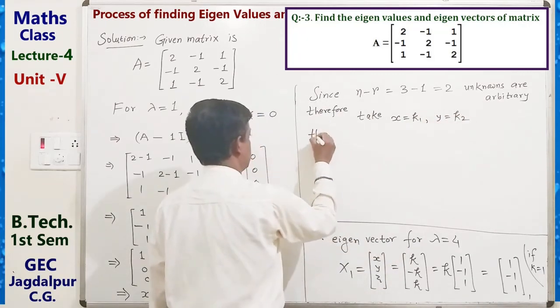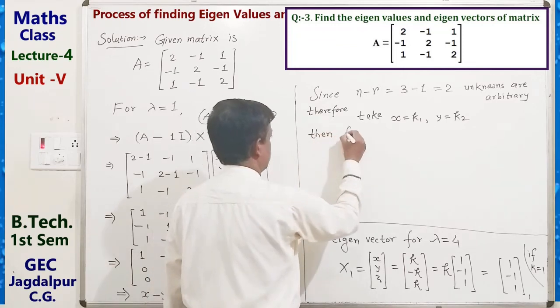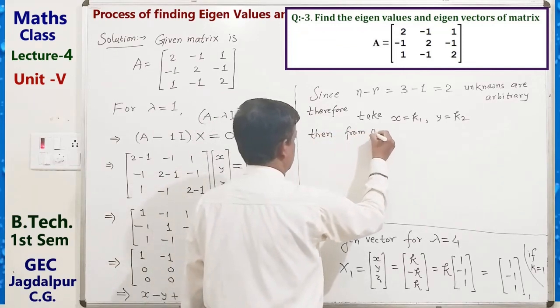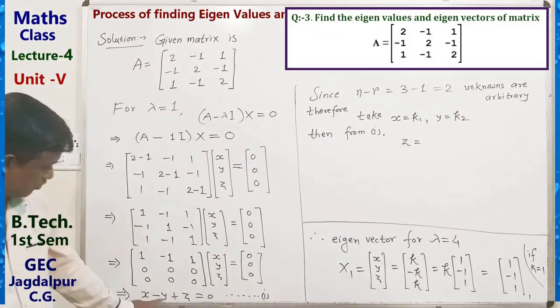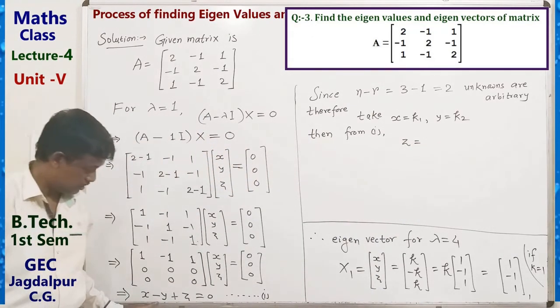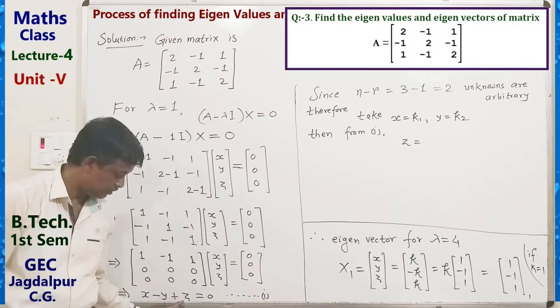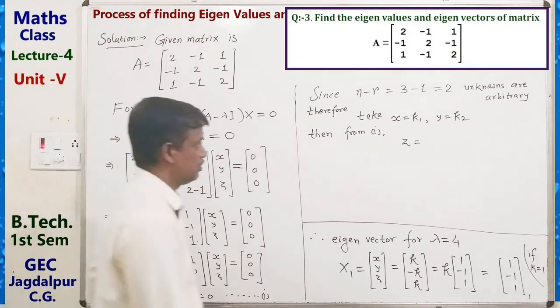Then from equation 1, z equals y minus x, that means k2 minus k1.